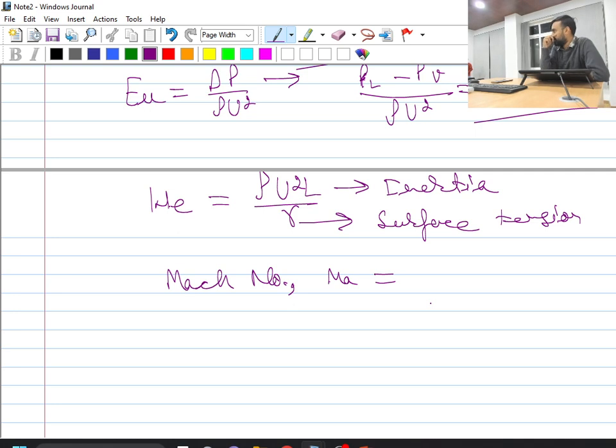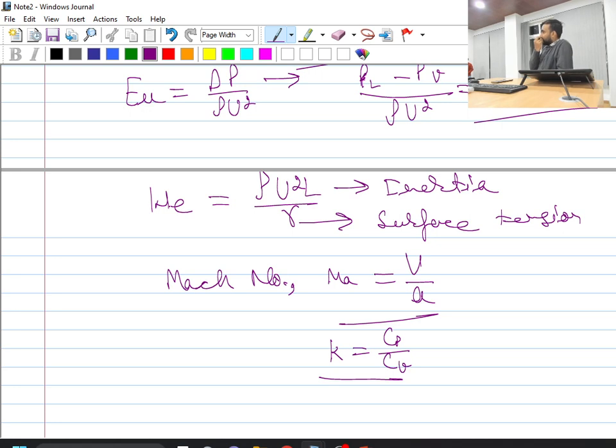It represents the speed of flow divided by the speed of sound in the fluid medium. Similarly, we may have the ratio of specific heats Cp by Cv, which is also a dimensionless quantity of importance in compressible flow.